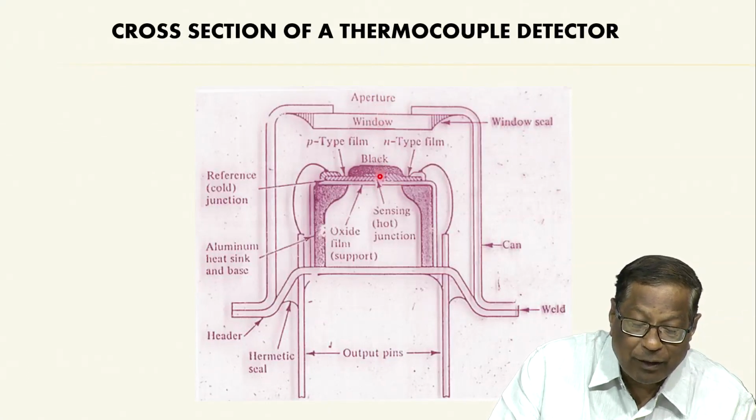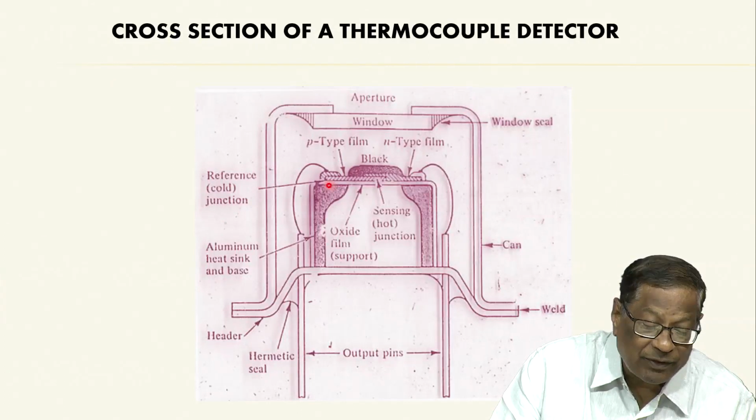All the radiation will fall on this black radiation absorber, but that is of no use, but I have a small transparent piece here where the radiation will cause generation of the current. One is cold, another one is hot.